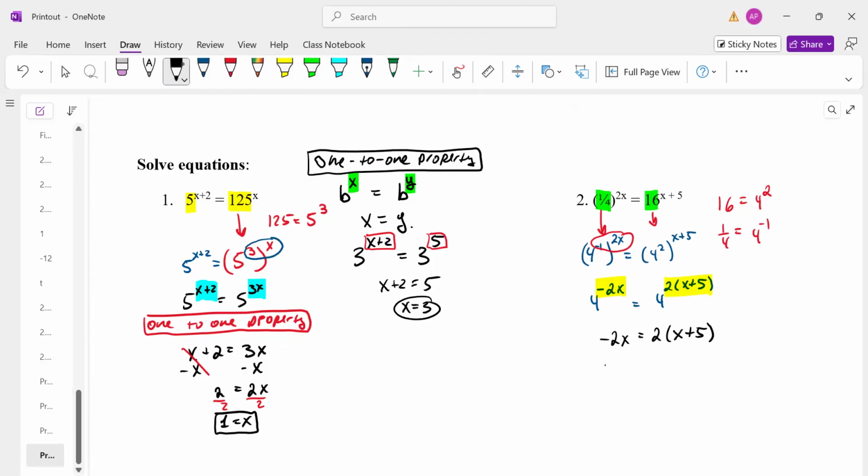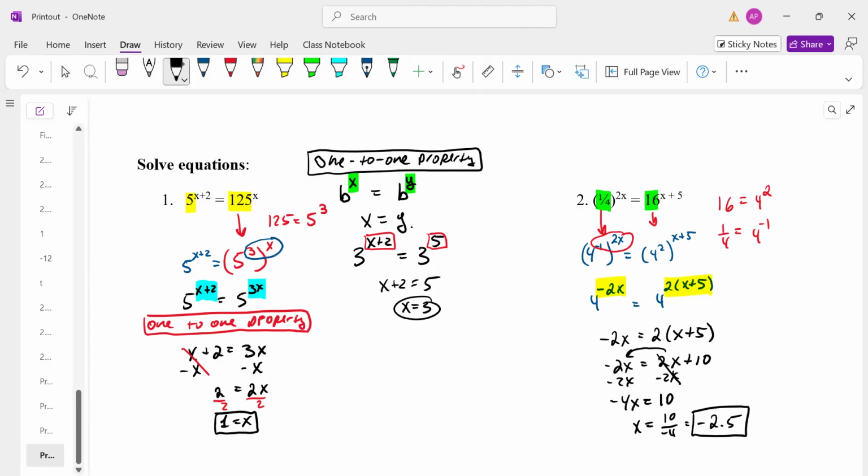And now we're just solving this linear equation. Negative 2x equals 2x plus 10. In this case, maybe move 2x to the other side by subtracting 2x on both sides. So we'll end up with negative 4x is equal to 10. And therefore, x is equal to 10 divided by negative 4, or negative 2.5. And that would be our value here.